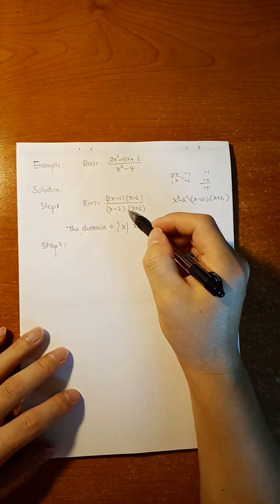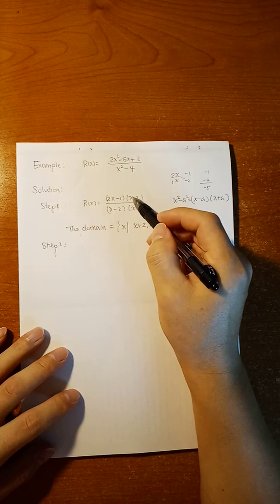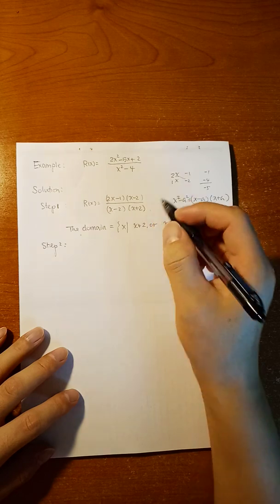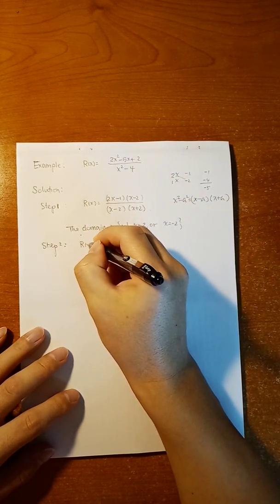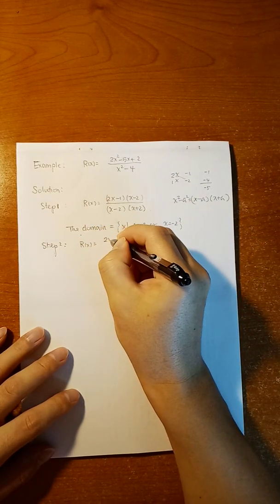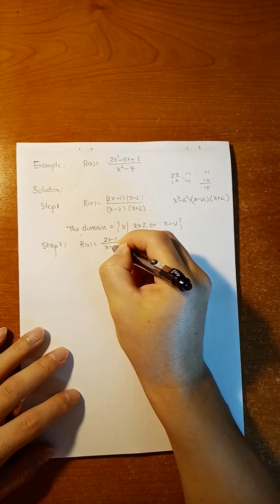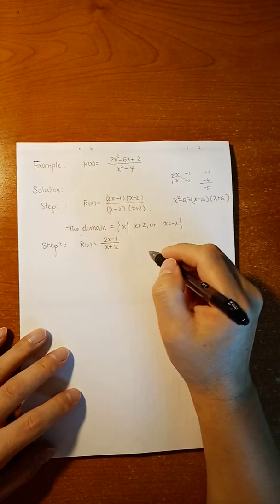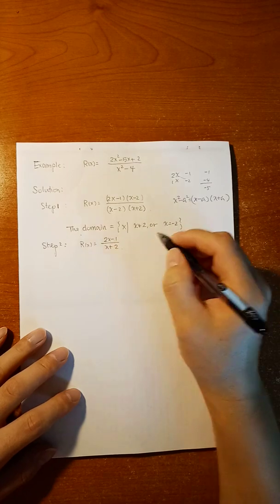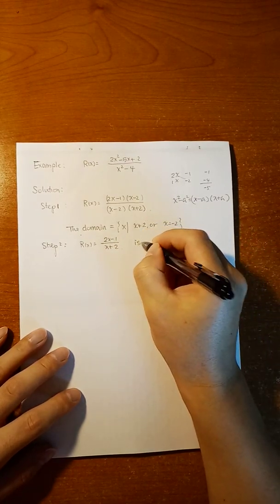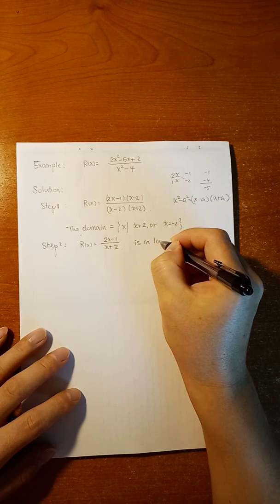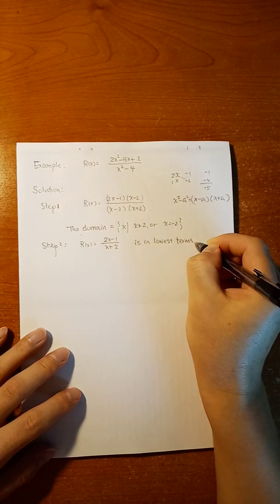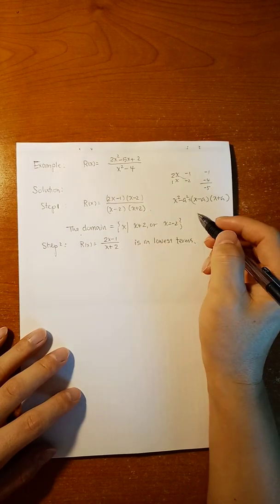But for this problem, you see here there's a common factor x minus 2 from top and bottom. So the lowest terms form is 2x minus 1 over x plus 2. But still, x cannot be equal to 2.